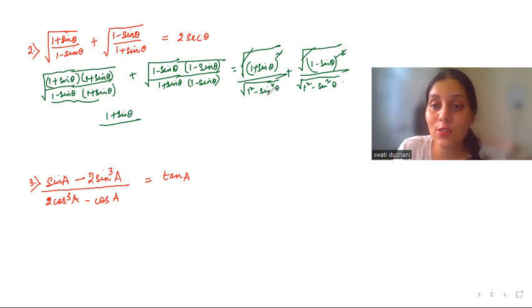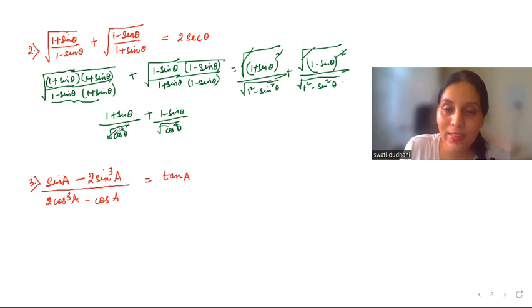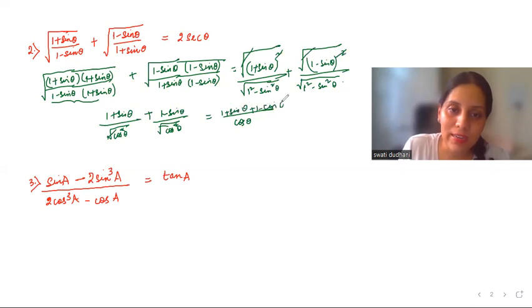We have seen it is cos square theta using the first identity. So, root over cos square theta plus (1 minus sine theta) root over cos square theta. Same. Now, square and root get cancelled in the denominator as well. So, my denominator is cos theta and numerator is 1 plus sine theta plus 1 minus sine theta.